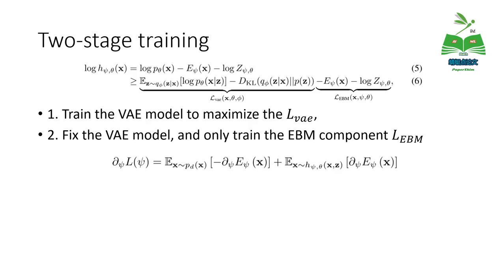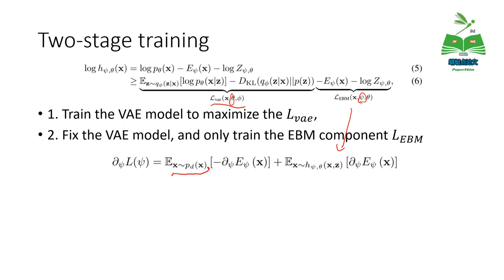First, they train the VAE model to maximize the first loss, and in the second stage, they fix the VAE model, including the decoder, and only train the energy-based model, only train the phi. So this one we can write in this way.